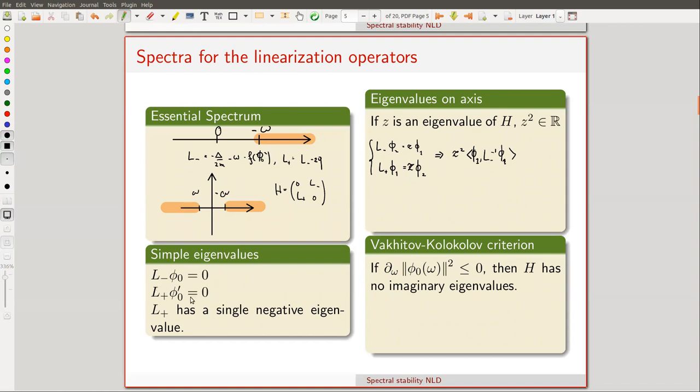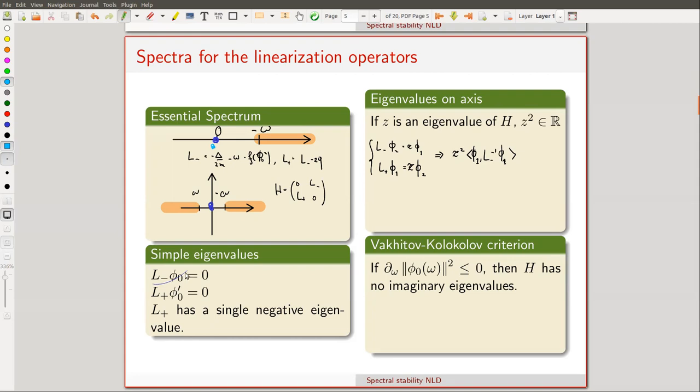And then if you think about translation invariance, you can find out that phi 0 prime is an eigenfunction of L plus associated to 0. So you have these guys at 0. For L plus, you have this at 0 here, and for L minus, you also have one at 0.